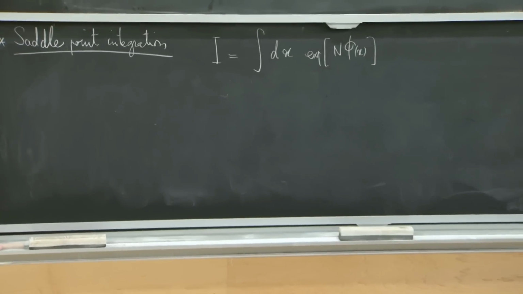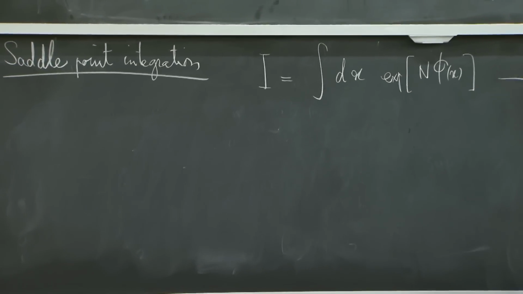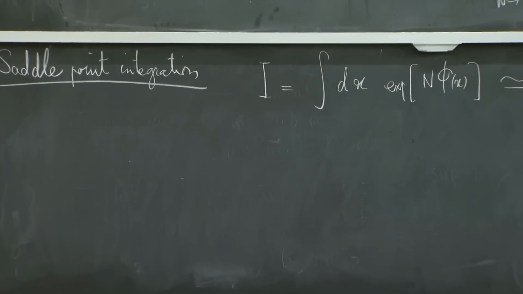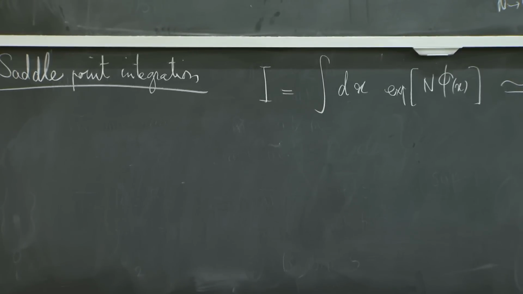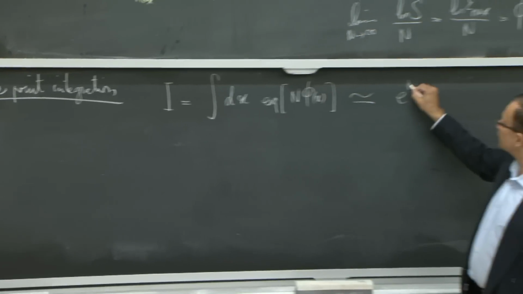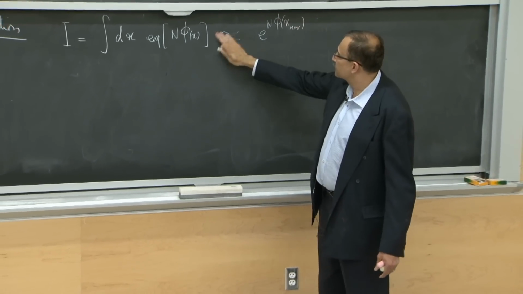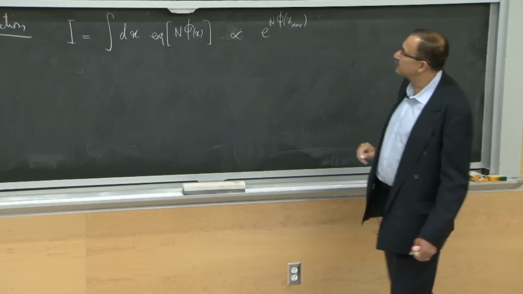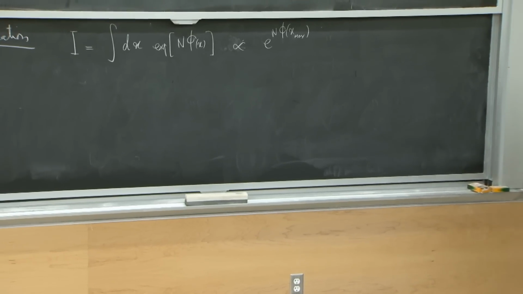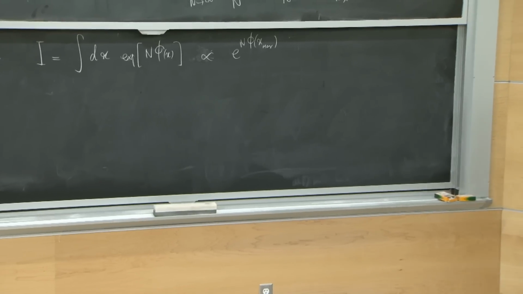And then again, in some specific sense, I can just look at the largest value and replace this with e to the n phi evaluated at x max. I should really write this as a proportionality, but we'll see what that means shortly.